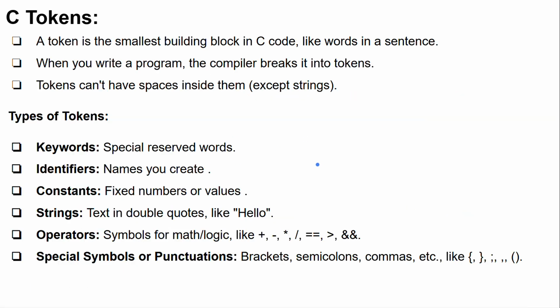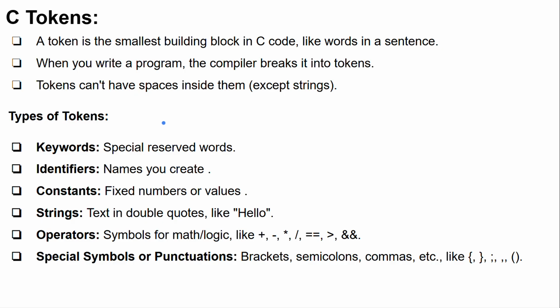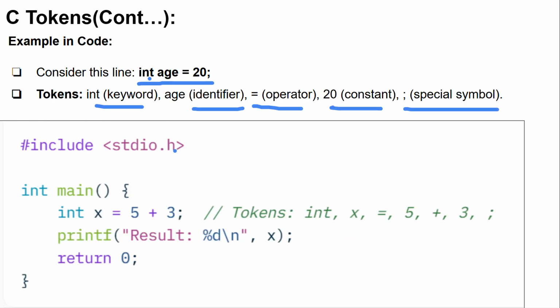If you go back to the slide, you can clearly observe I said int is a keyword and age is an identifier, and I can vary the value in age. Equal is the operator, 20 is a constant, semicolon is a special symbol. So this is the easy way to understand the C tokens.